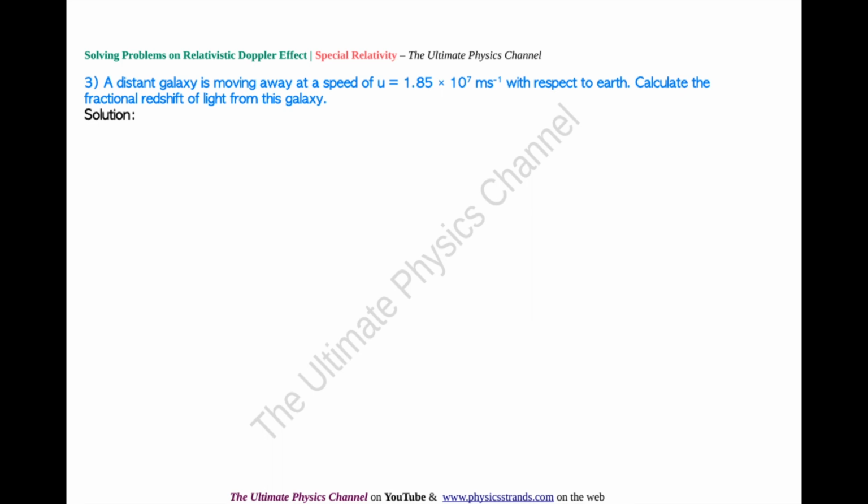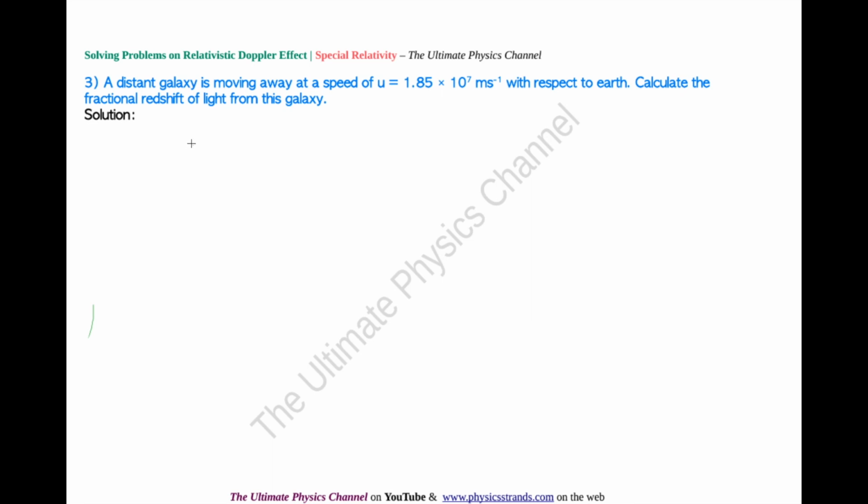A distant galaxy is moving away at a speed of U is equal to 1.85 into 10 power 7 meters per second with respect to Earth. Calculate the fractional redshift of light from this galaxy. This terminology, fractional redshift, refers to our equation.